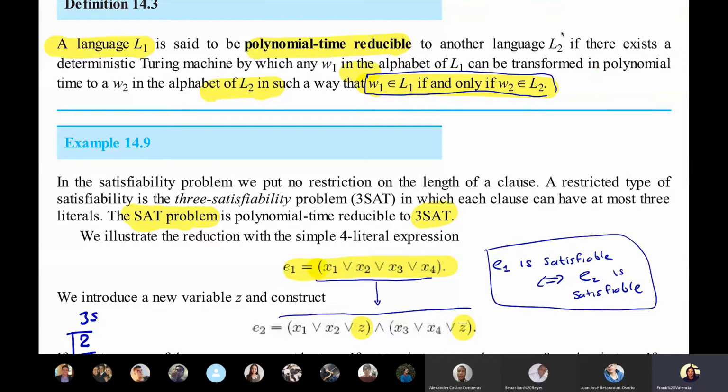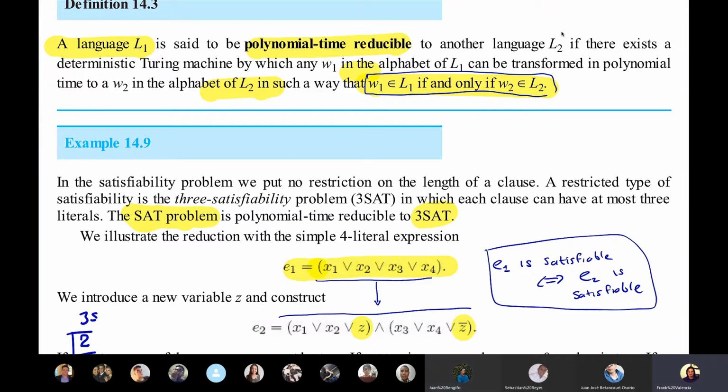So you need to argue about that. Can someone tell me why that's trivial? That you can write an algorithm that transforms this into this in polynomial time. Yeah, it's trivial because we only have to add the extra symbols, and it's a linear amount of extra symbols. Okay, excellent.